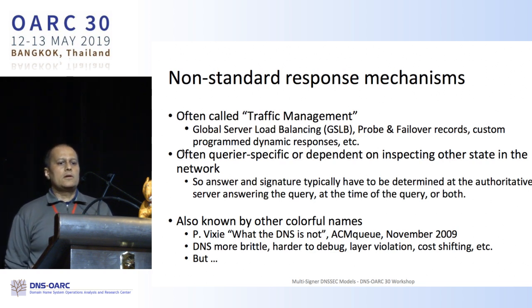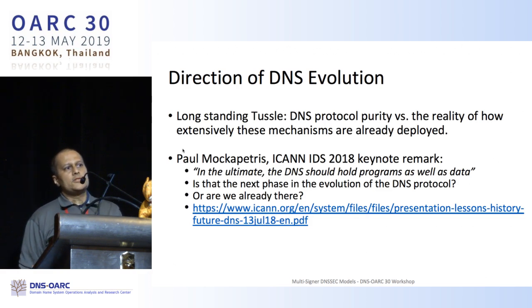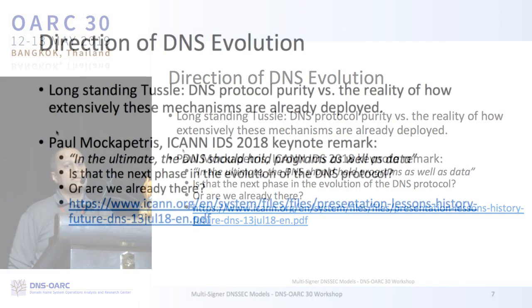They make it harder to debug and troubleshoot. They're a layering violation. And they also represent a form of cost shifting from a set of application providers to DNS infrastructure operators. All of those arguments you may agree with, and yet we can't really deny the reality of how pervasively these mechanisms are already deployed in the industry today.